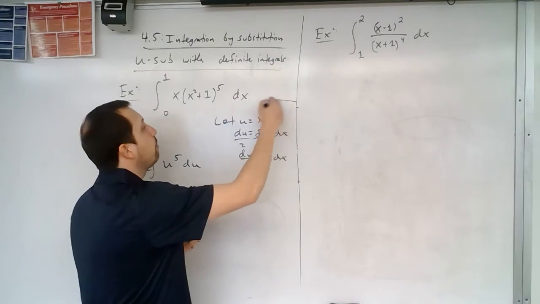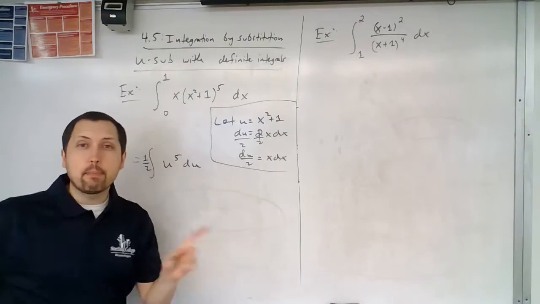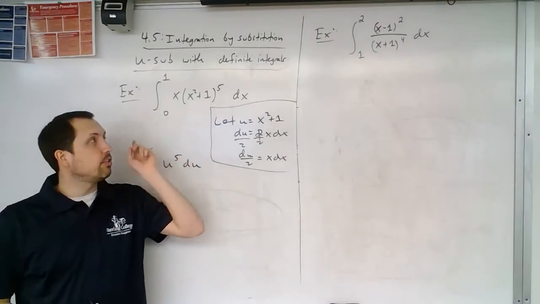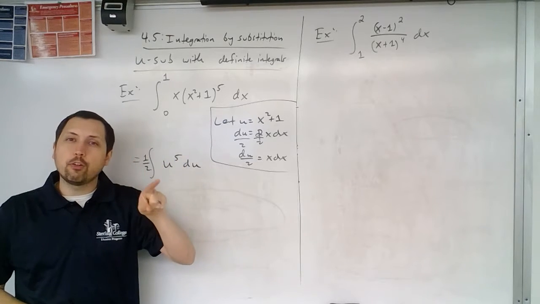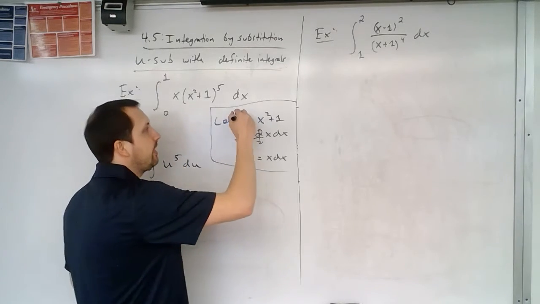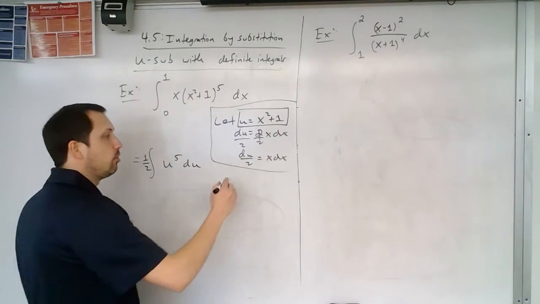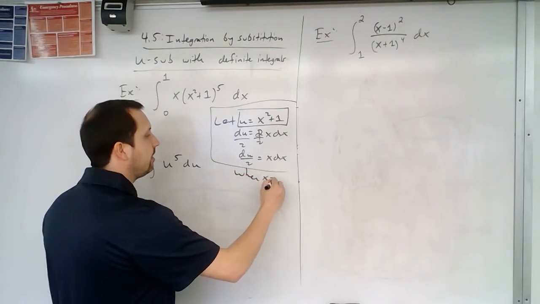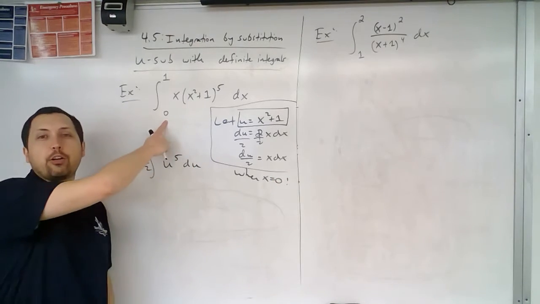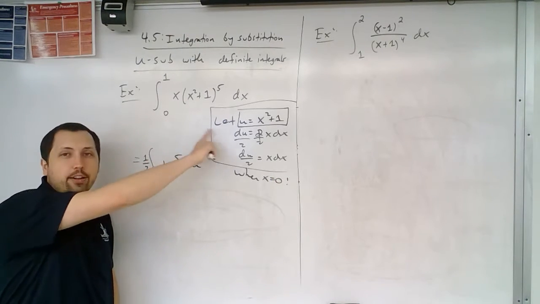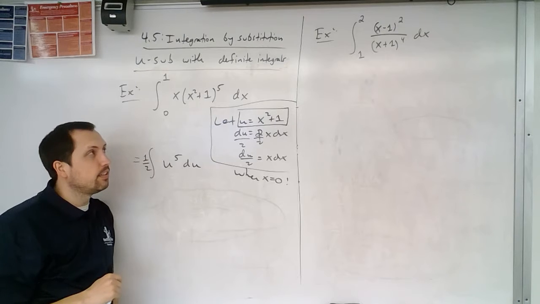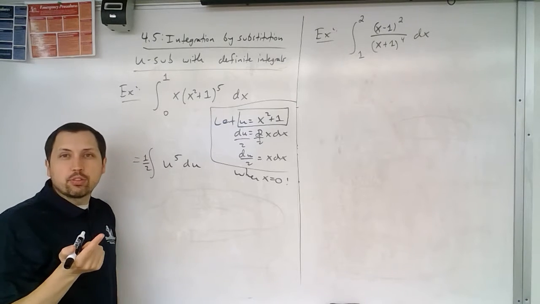But I will also change my bounds. My bounds in terms of x could now be solved for u by looking at this expression. So when x is equal to 0, that's our starting point. What does that correspond to over here? Well, just plug in x equals 0.